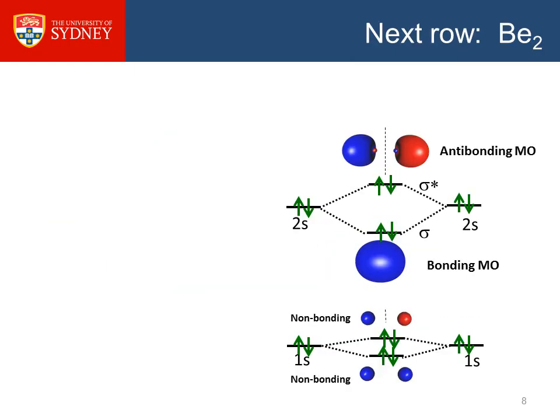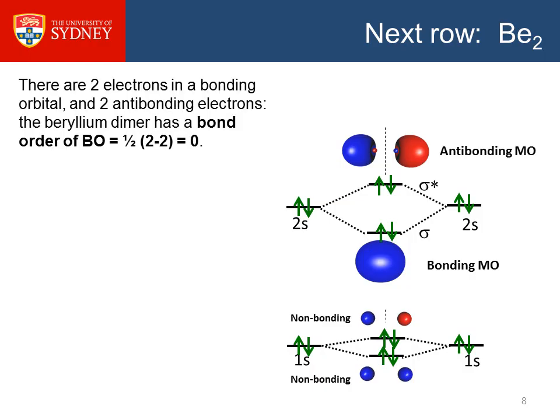Let's look at the beryllium-2 molecule. Beryllium has 4 electrons, of which 2 are buried too deeply next to the nucleus to take part in any molecular interaction. Therefore, the 2 valence electrons are the ones we'll be worrying about. Out of these 4 electrons, 2 go in sigma bonding orbitals, 2 go in sigma star antibonding orbitals.